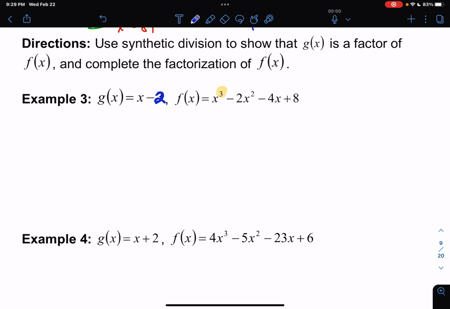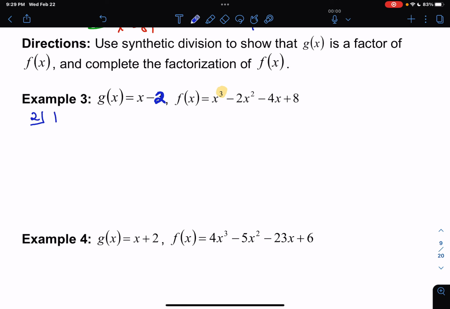And then what's nice is what's left over can then be factored as well. So we're going to set up synthetic division with a 2 in the box using the coefficients 1 x to the third, negative 2 x to the second, minus 4 x, and 8.